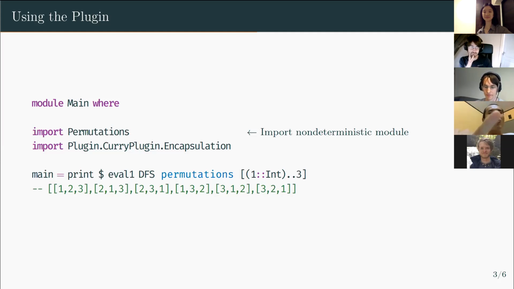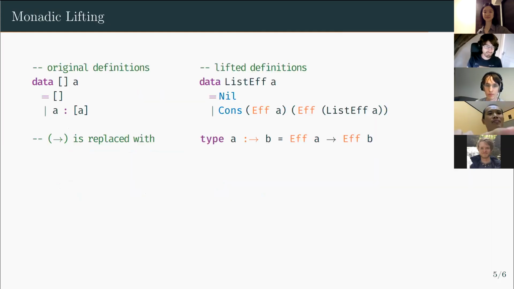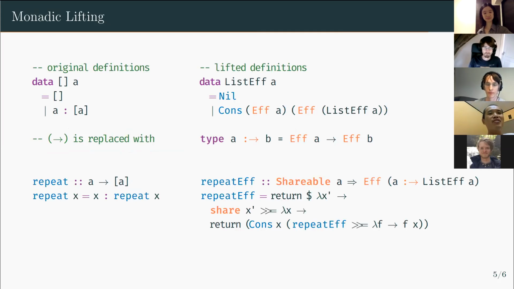Okay, one more question. If you go to the slide with the F monad, here I noticed that nil is not embedded in F. In other words, is that a typo, or is that really what it is? The nil constructor. So you mean the nil here? Yes. Data list F A is just nil, but it's cons F A, whereas it looks to me that it should be F of nil.